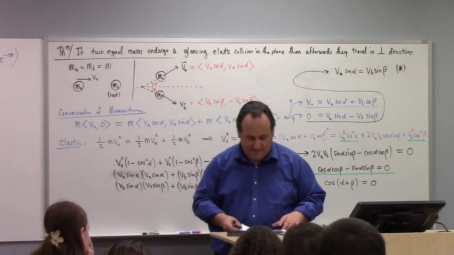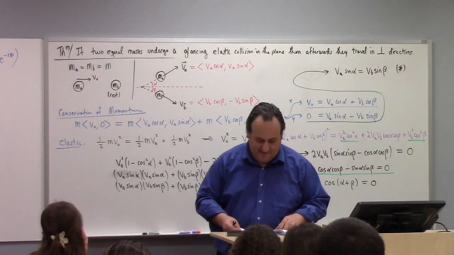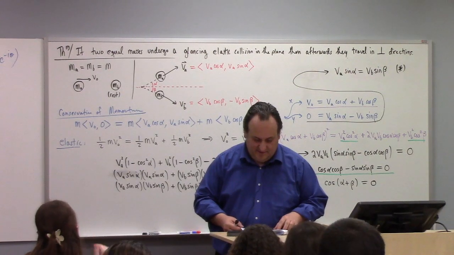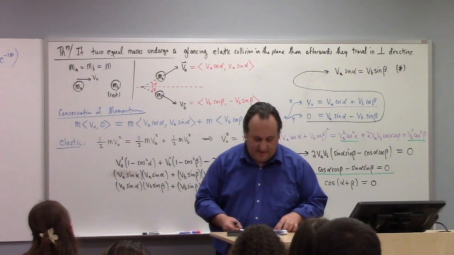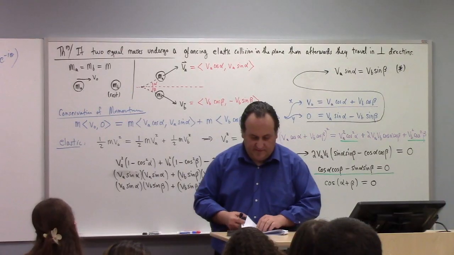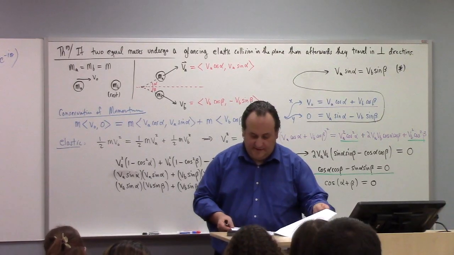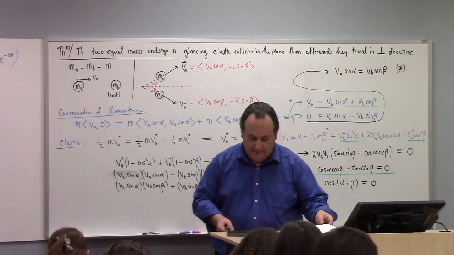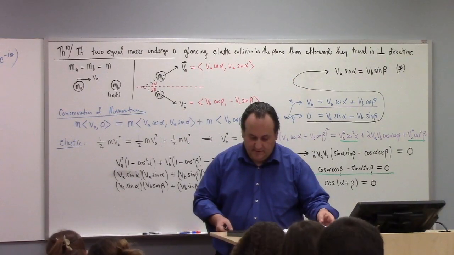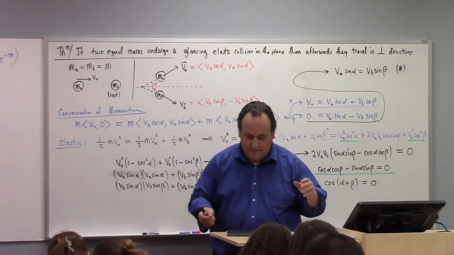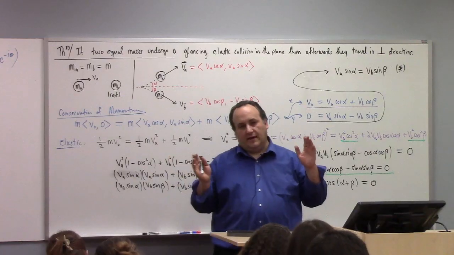So in my notes I say something like, if we go back and look at problem 6.37, which is the one I did at the end of last class, there we had two masses collide and they went apart.